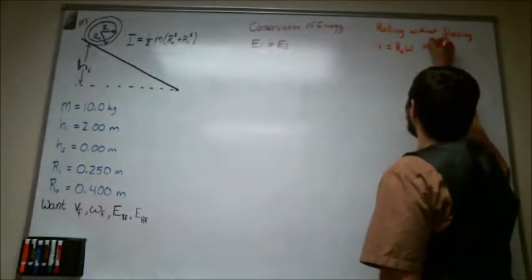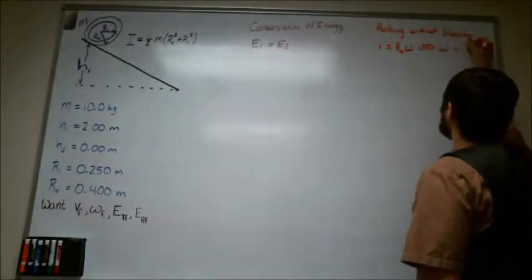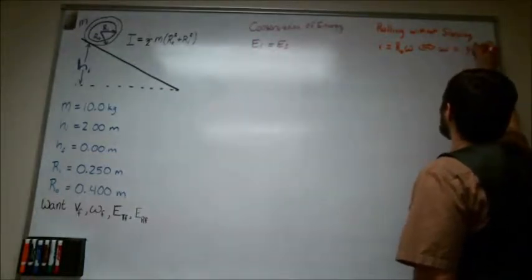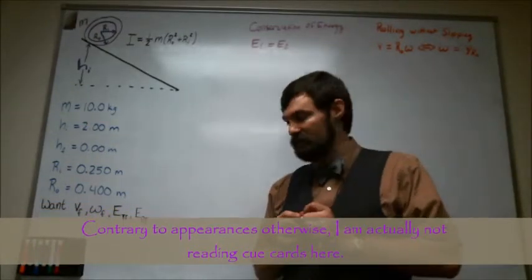Or similarly, that the rotational speed is the translational speed divided by the radius of the wheel, the outer radius.